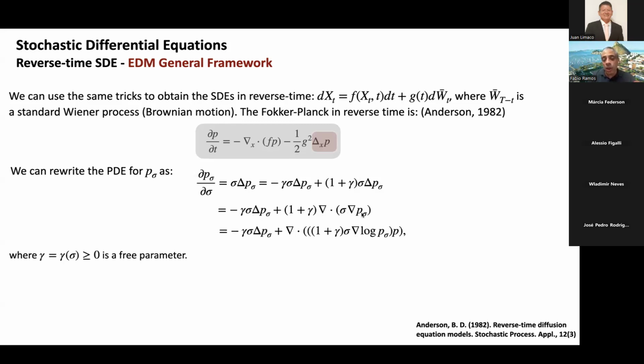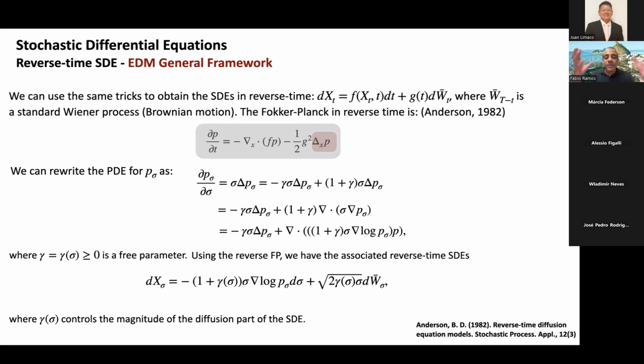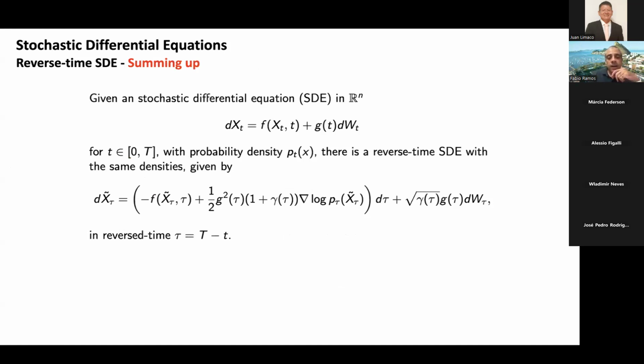So here I will do the log trick, and here I will not do the log trick. And gamma, I can play with it. So that at the end of the day, I can propose a reverse Fokker-Planck that is a little bit deterministic and a little bit diffusive. So I can play with how much noise I use to reverse the SDE. And this is the Karras framework.